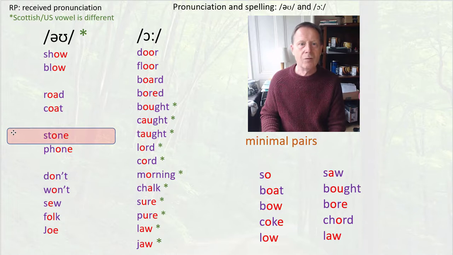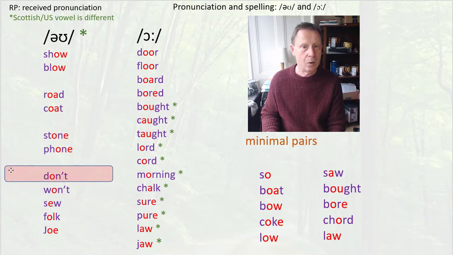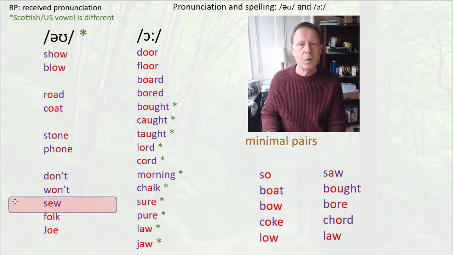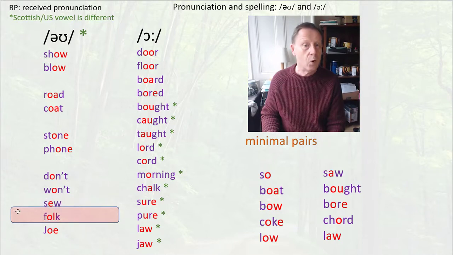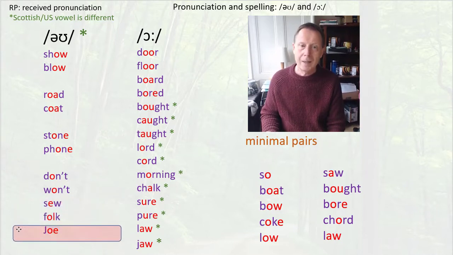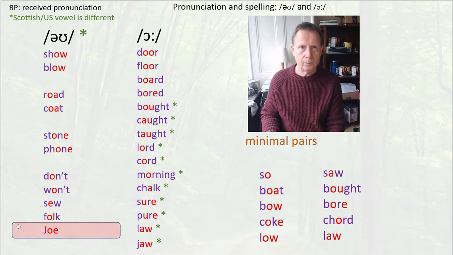And then we have irregular ones like the single O, as in don't and won't. And this word is very irregular. I can't think of any other words with this spelling, but the pronunciation is so. And then we have OL in folk, which is not very common, and OE as in Joe.